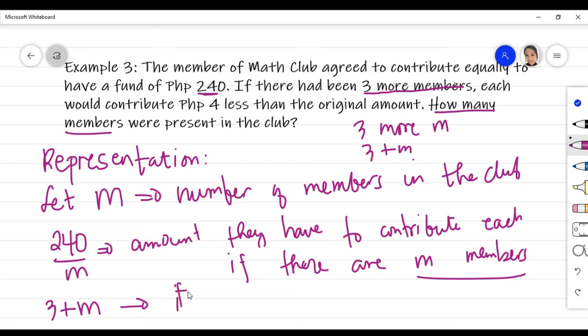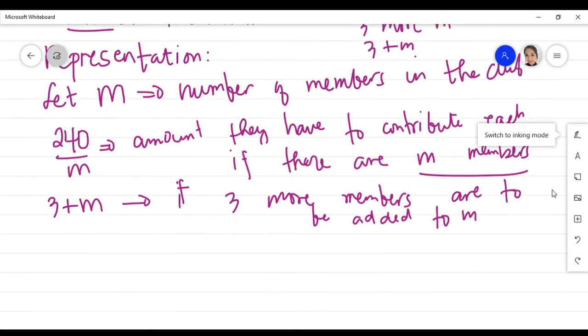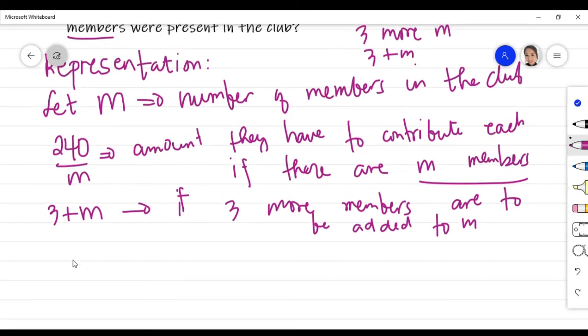If 3 more members are to be added to M, so from 240 divided by M, it will now be 240 divided by 3 plus M.